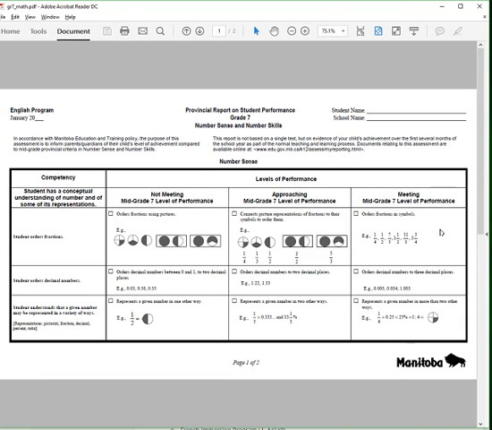So ordering fractions here, meeting grade level is just using the symbols. But the mid-grade 7 as well as the lower grade 7 is using pictures or symbols and connecting the symbols to the pictures.